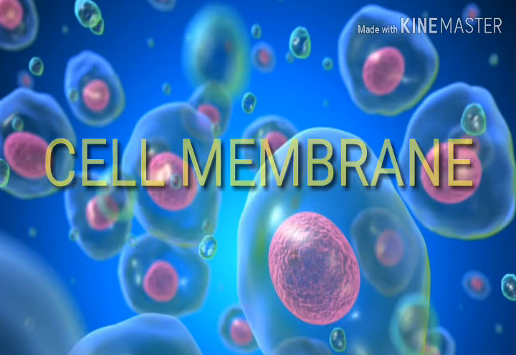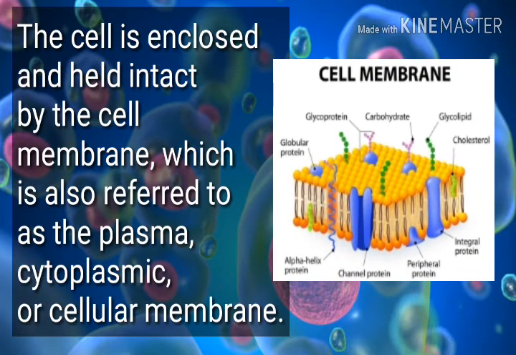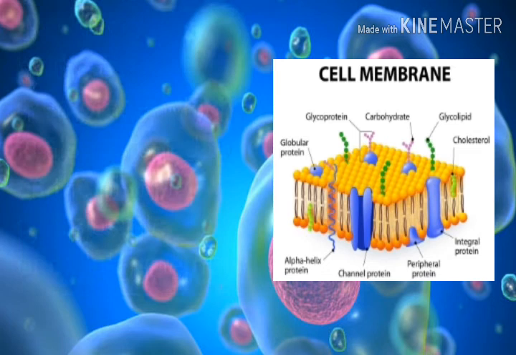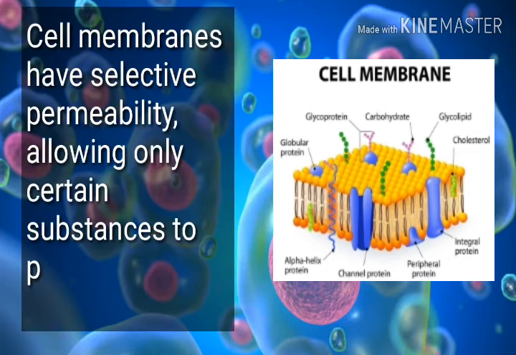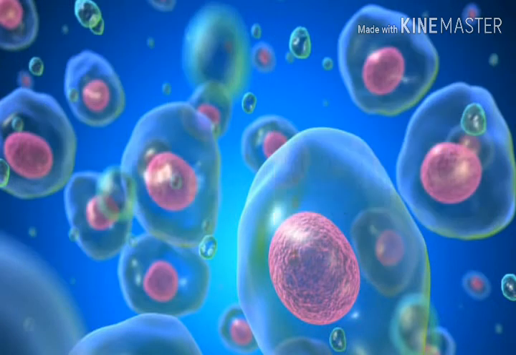The cell membrane. The cell is enclosed and held intact by the cell membrane, which is also referred to as a plasma, cytoplasmic, or cellular membrane. Cell membranes have selective permeability, allowing certain substances to pass through them.